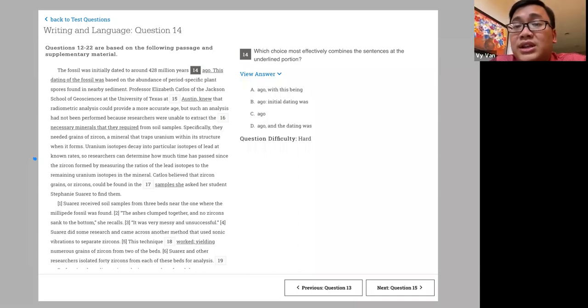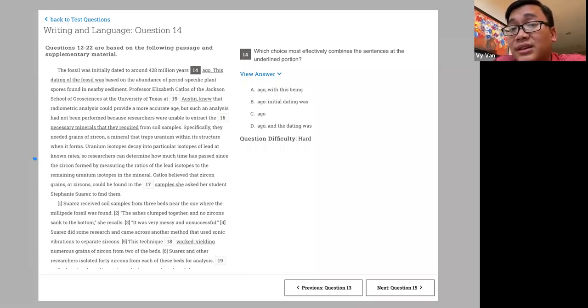The fossil was initially dated to around 428 million years ago. This dating of the fossil was based on the abundance of period-specific plant spores found in nearby sediments. Okay, so let's read that using choice C, the shortest choice. The fossil was initially dated to around 428 million years ago, based on the abundance of period-specific plant spores.